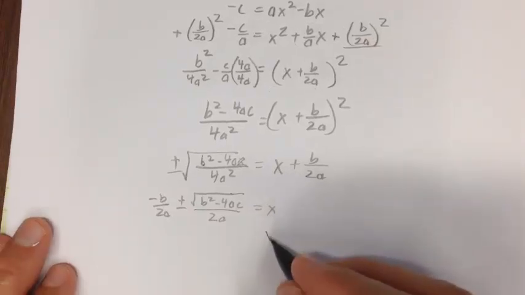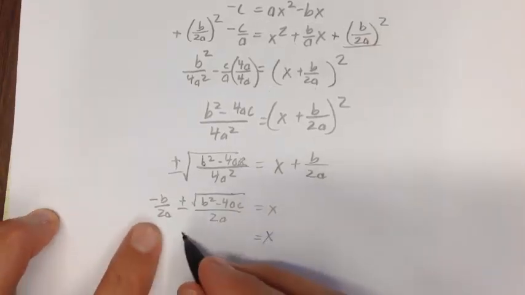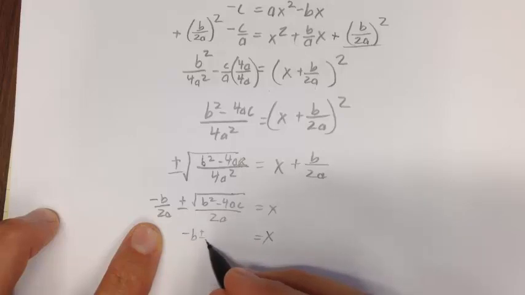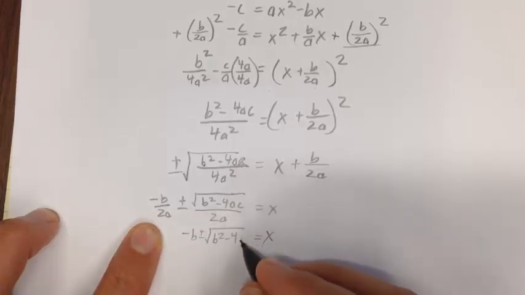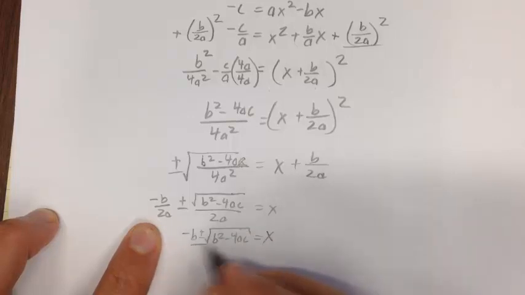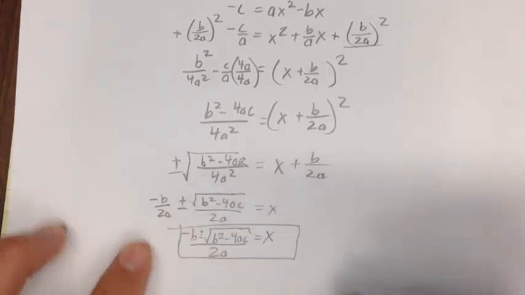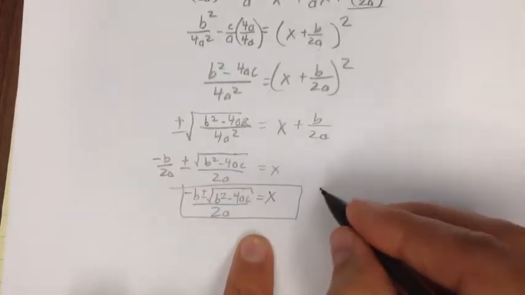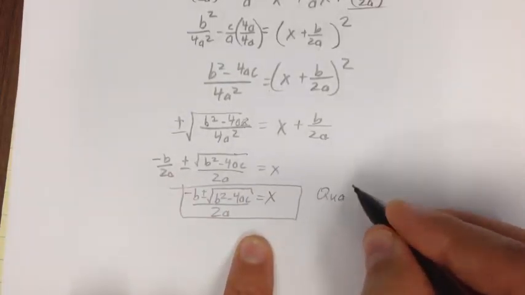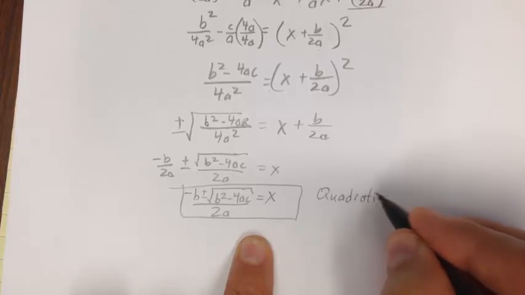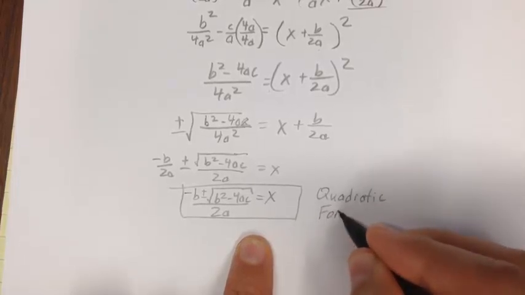So that simplifies to x equals negative b plus or minus the square root of b squared minus 4ac all over 2a. That formula in the box is commonly known as the quadratic formula.